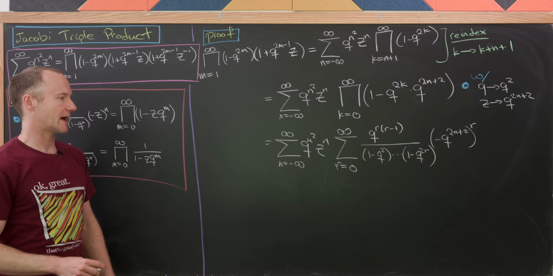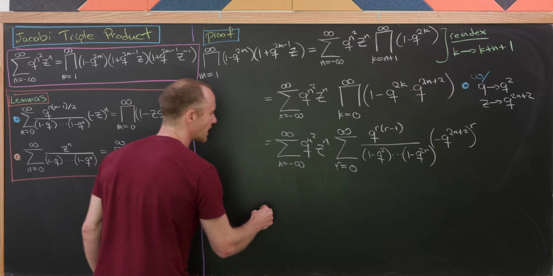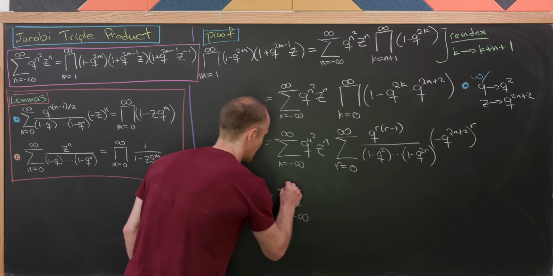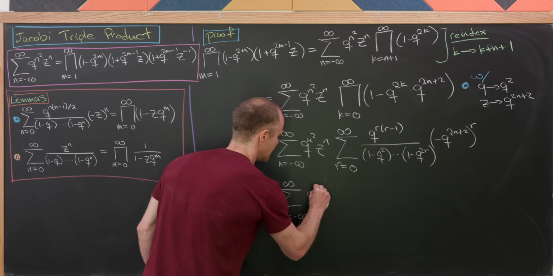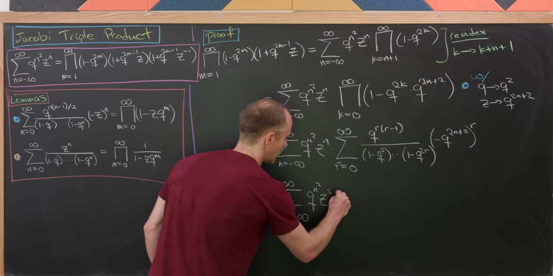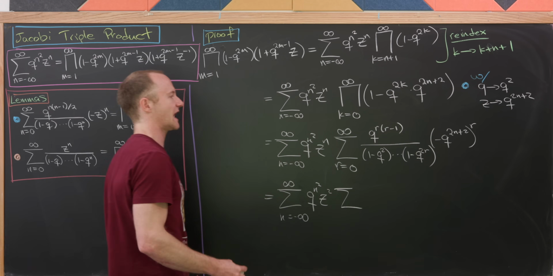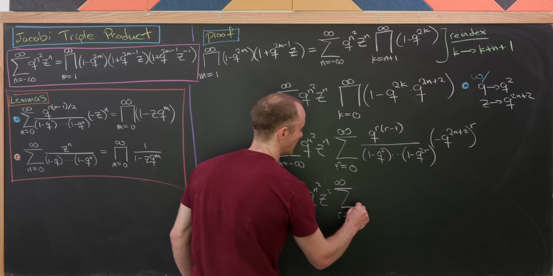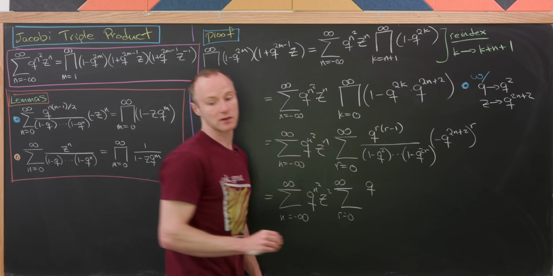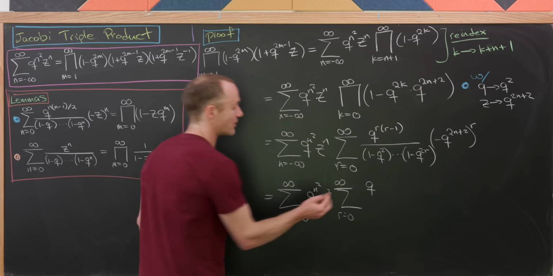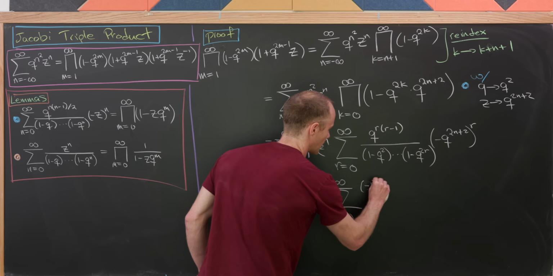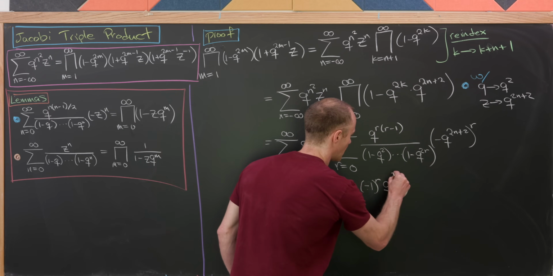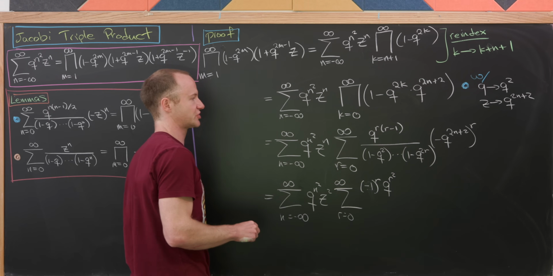So something like that. But now what can we do from here? Well, a lot of it is just bringing stuff down, and then what we'll do is smash together everything that's happening with the exponent of q in the numerator of this second sum. So what's that going to look like? Well, we're going to have a minus 1 to the r, so let's go ahead and write that down. And then we'll have a q to the r squared, so that's from this first term.